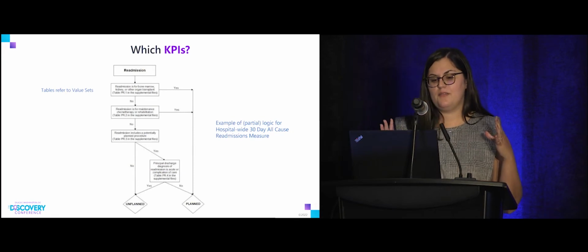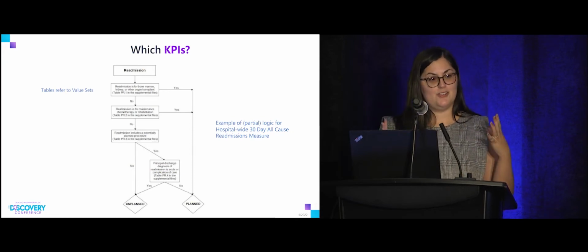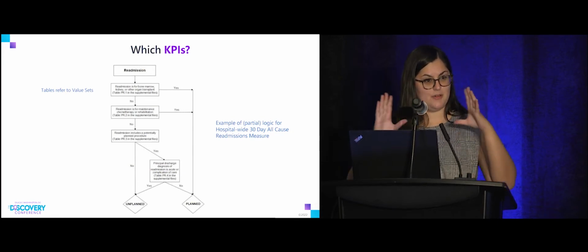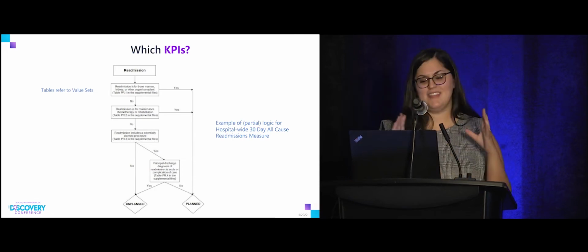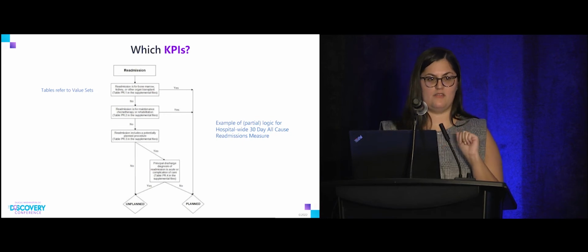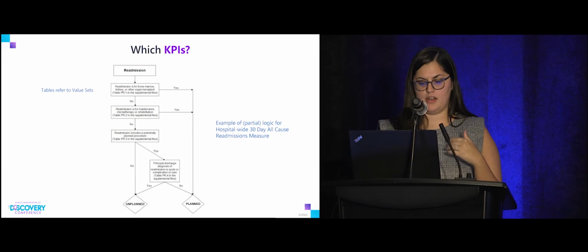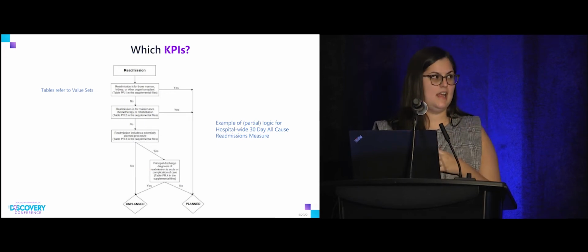So first, if any of you have ever looked at one of the CMS outcomes specification documents, they are very long. And this just shows one snippet of a logic flow chart that walks you through determining whether a record is a planned or an unplanned visit.